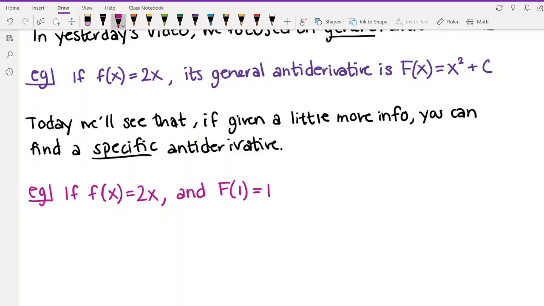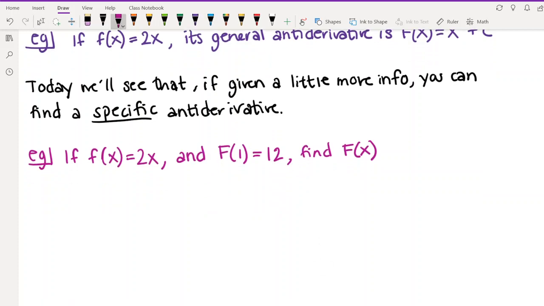Actually, let's say 12. Find the antiderivative F of x. Basically, we're going to start by finding the most general antiderivative, but then because we have this extra piece of information, that will allow us to figure out specifically what the exact function is that is our antiderivative.